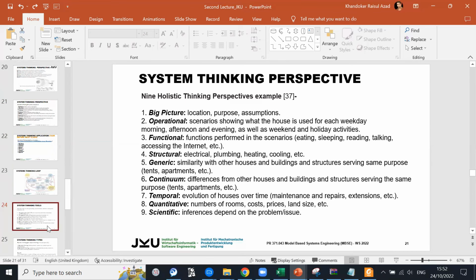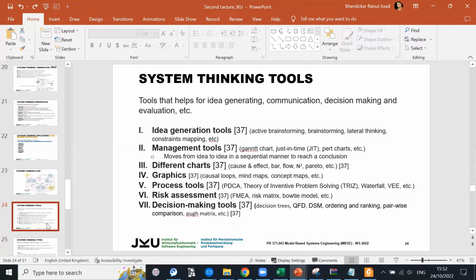Then I think the others are not so important, because we'll learn some of the tools during this course, and I have written these tool names because they're really important when you are making some sort of decision. Most of the time we make decisions based on our observation or some kind of calculation.